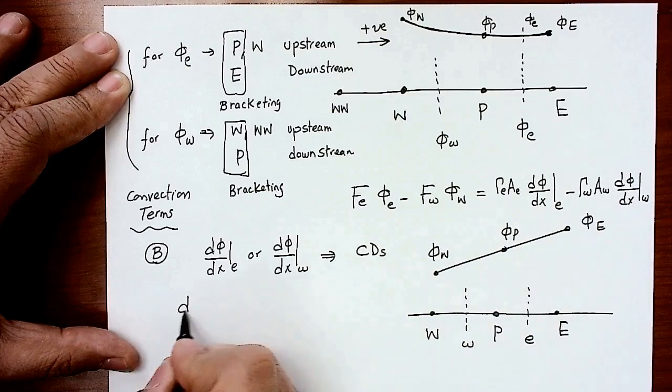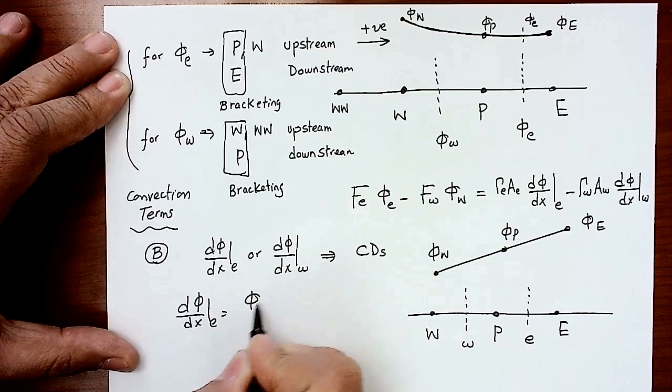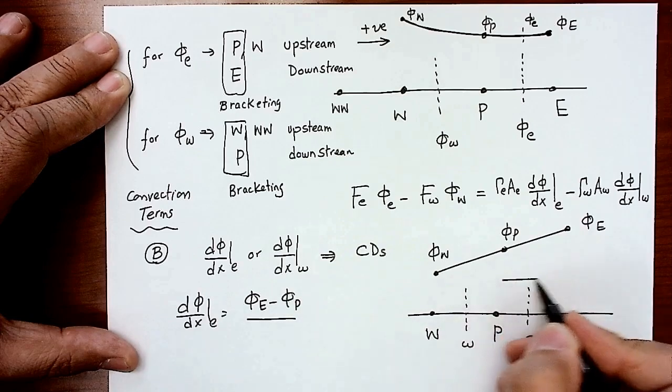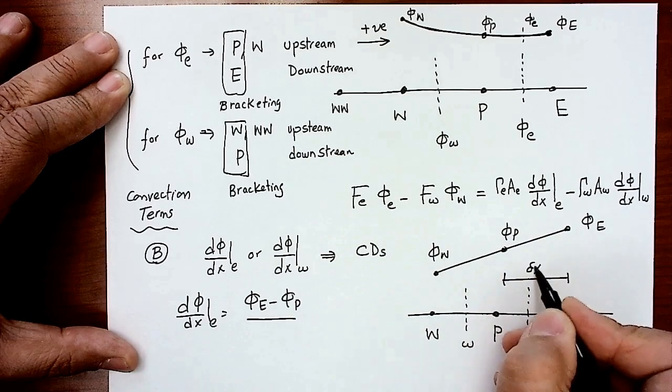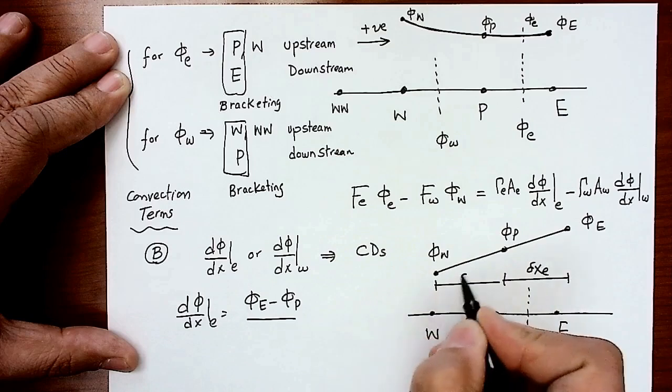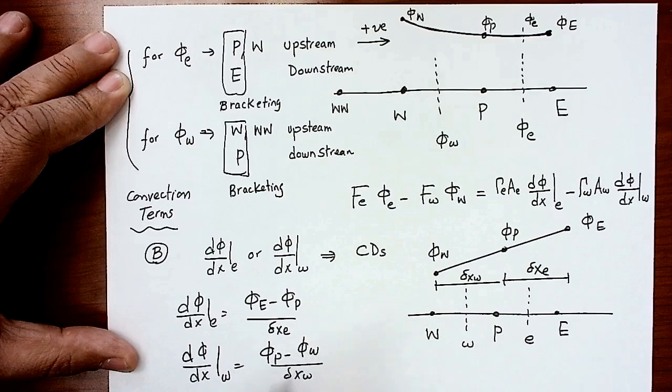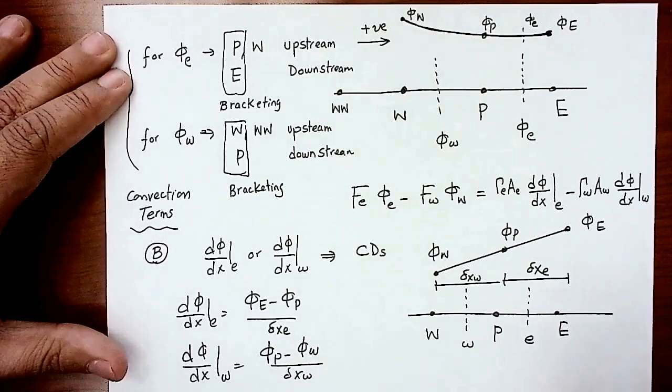Then we can get d phi by dx on the east face by phi east minus phi P divided by this distance here, which is delta x east, and this distance here is delta x west. And d phi by dx on the west face will be phi P minus phi west over delta x west. Nothing changed here so far, right?